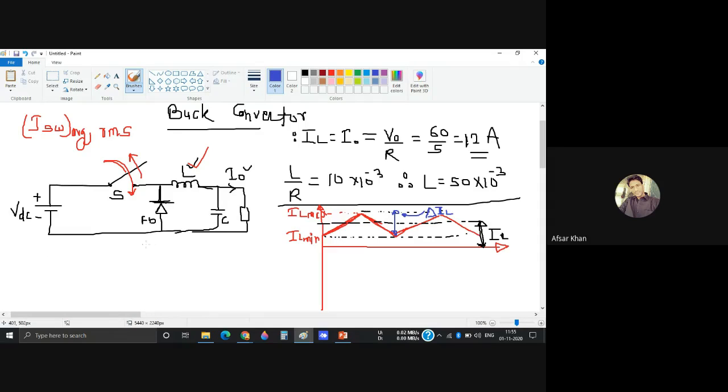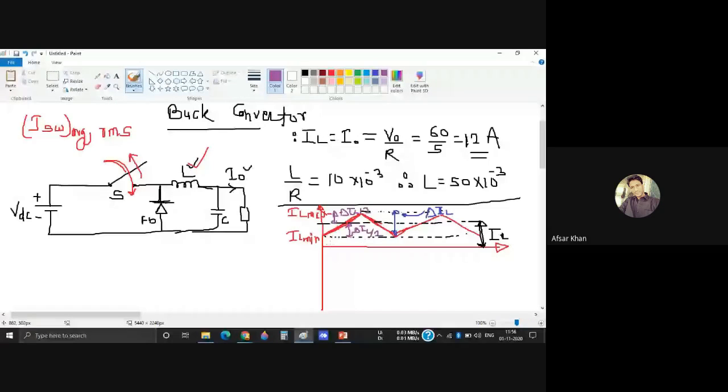Then this ripple can be divided into two parts: delta IL by 2 here and delta IL by 2 here. Yes or no, you tell me. This is delta IL by 2, and this is also delta IL by 2. Very important: delta IL by 2, delta IL by 2.